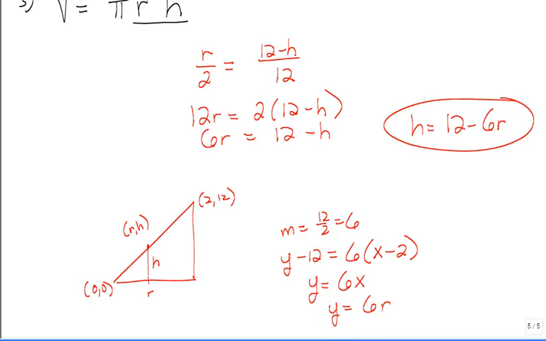Oh, that's not h. I'm sorry, that's 12 minus h. So if I have r, then this point is 12 minus h, which is 12 minus 6r, which is what we got here. We have 6r equals 12 minus h.